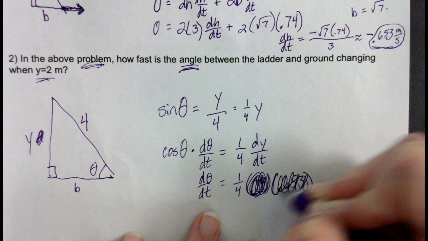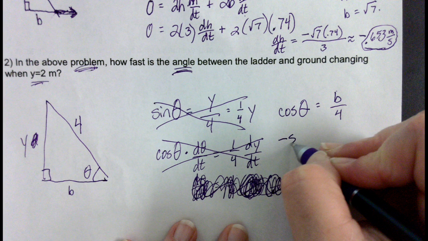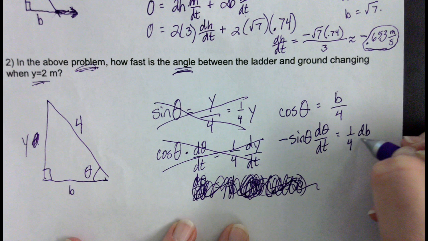So this will be 0.74 and negative sine of theta. Sine of theta is just going to be what over what? Y over 4, and I know what y is. What is y? 2. So negative 2 over 4 d theta dt.